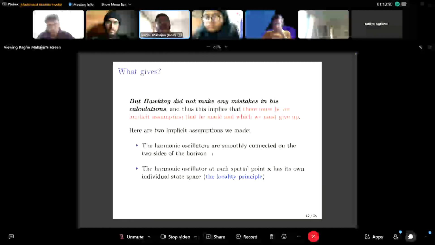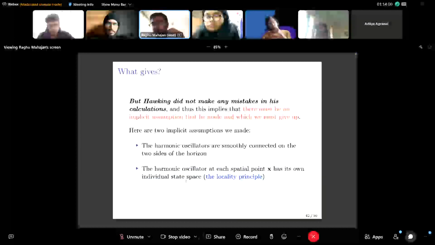The other assumption is the following one, which is that the harmonic oscillator at each spatial point x has its own individual state space. In quantum field theory, you typically assume that there is an independent oscillator at each spatial point x. So this is also an assumption. This is the so-called locality principle.